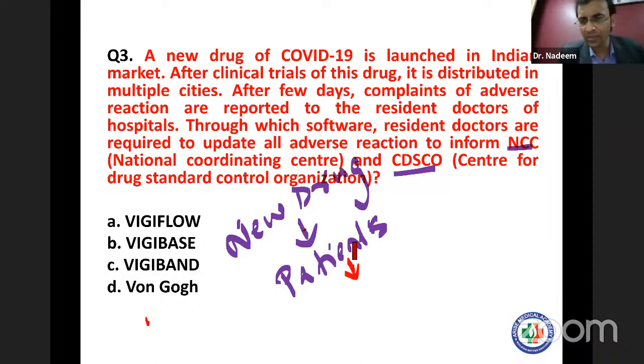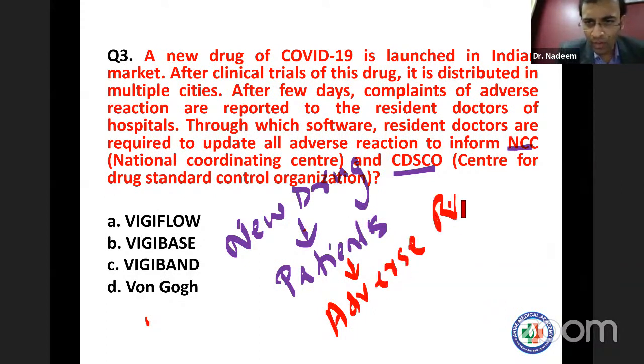After a few days, so many patients are complaining, sir, because of this drug I'm having this problem and that problem. So patients are reporting what? Adverse reactions. To whom? To the nearby medical college and hospital.